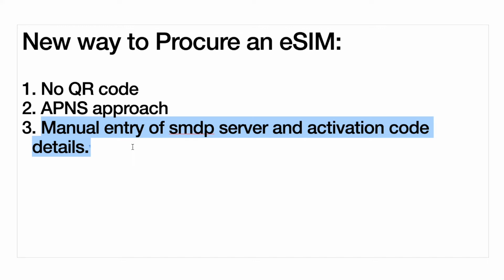After that, your eSIM will be installed. But this is a new approach which I have used recently, and I am going to show you the video clip of how I installed my eSIM using it. Let's see that.